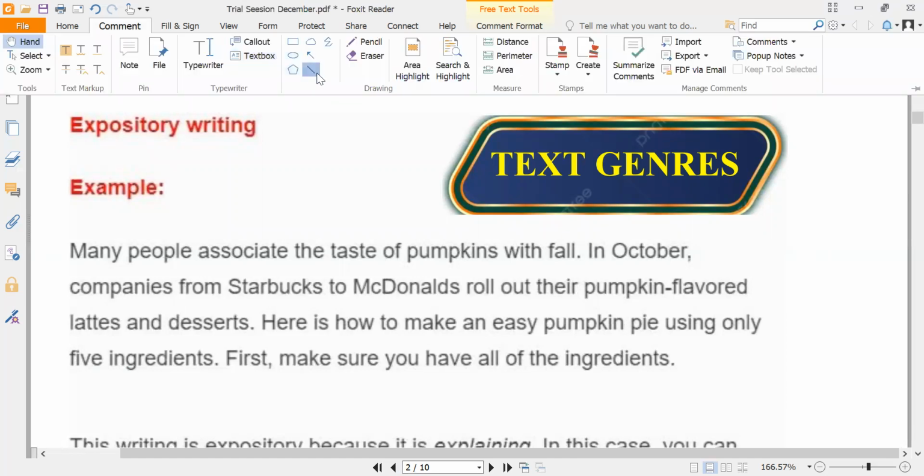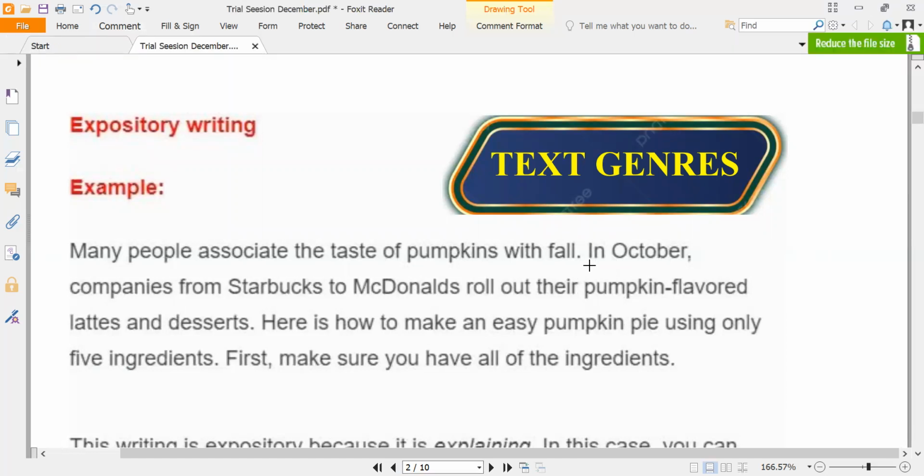If you read here, you would find them telling you in October, which is a fact, companies from Starbucks to McDonald's roll out their pumpkin flavored lattes and desserts. So he is giving me information about what happened in October.